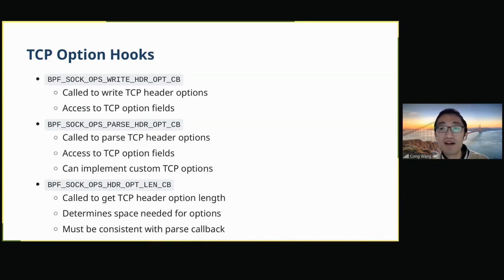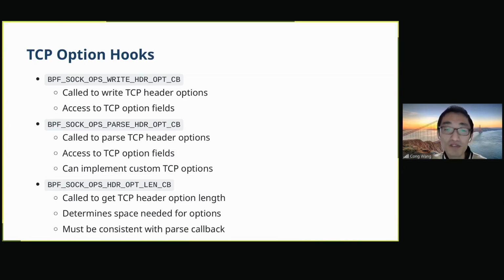It's paired. When we have our customized TCP header options, it's not that we should only insert the options there, but on the receiver side, we also need to parse and interpret them correctly. So that's why this set of hooks provides this kind of operation.